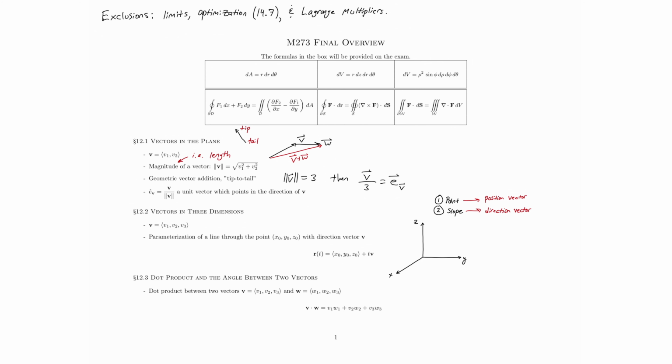So let's say we have a point right here. Okay, let's say the point P, and this point is x naught, y naught, z naught, just like the point in the description here.